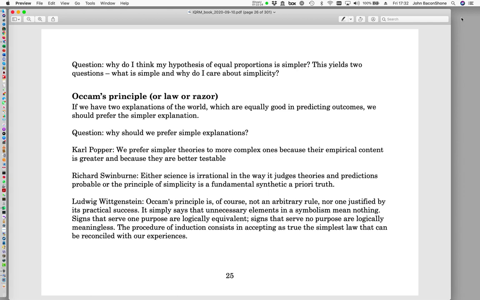So let me look at some other philosophers. Richard Swinburne is a famous modern philosopher of science. The way he said it is like this: either science is irrational in the way it judges theories and predictions probable, or the principle of simplicity is a fundamental, synthetic, a priori truth.